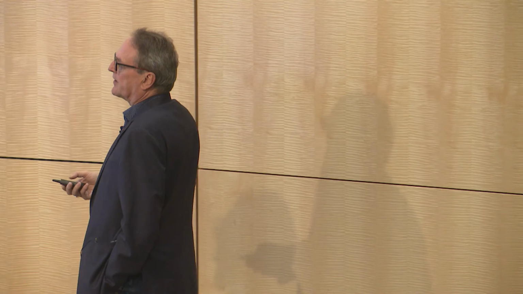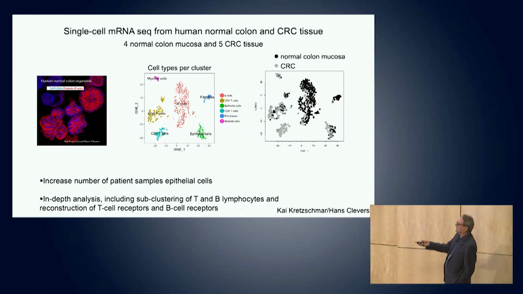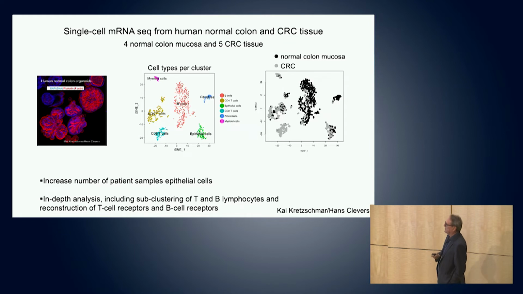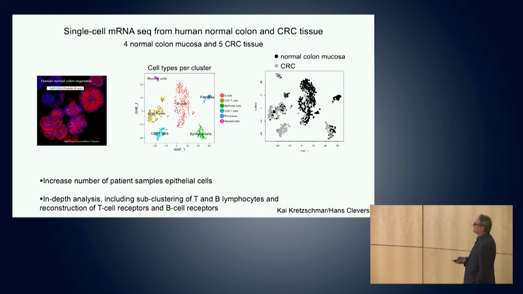Then the work from the Clavers lab, and basically we all know the work that started very intensely many years ago on the colon organoids, and the important information we got out of there. Now, basically, they are analyzing full tissue and the different cell types in the tissue.